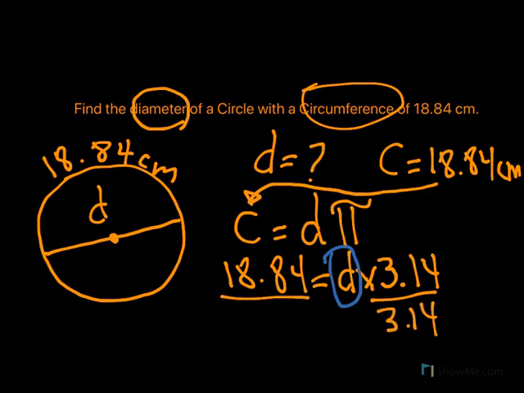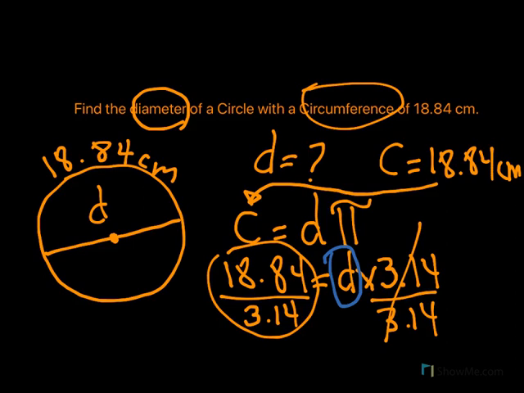I'm going to divide 18.84 by 3.14 on this side. By doing that division, I'm going to cancel this, and then by solving this side, 18.84 divided by 3.14, I'm going to get my final answer.